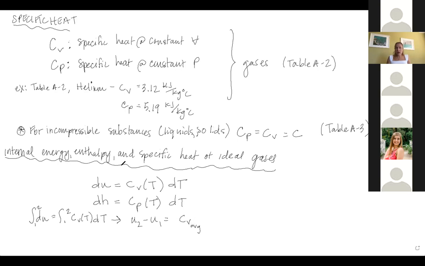This is just an average term that we can pull out of the integral. This is what you're going to look up in your table. You don't actually have to include the average here, I'm just including it for clarity, times our change in temperature. So if it's easier to see, the change in internal energy is equal to the specific heat at constant volume times the change in temperature.